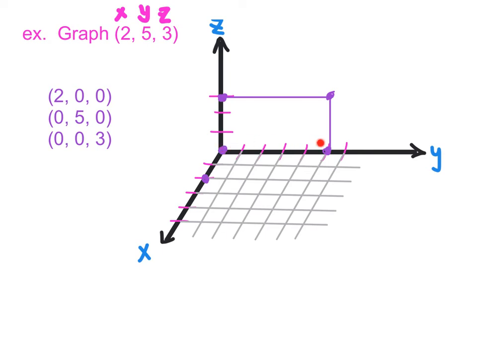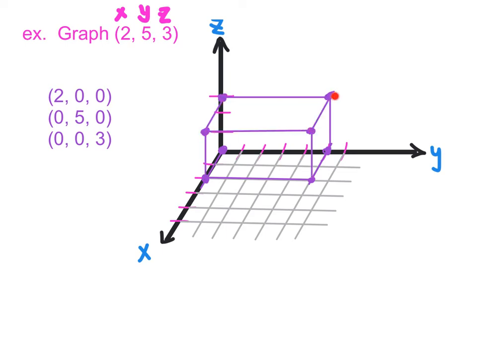Okay, so the back side of the prism is built, right? It's a rectangular prism. Next I'm going to draw the floor. Okay, so of the sides of my prism, I have the back wall and I have the floor of the prism. I need to construct the rest of the rectangular prism. Okay, so look how this looks.